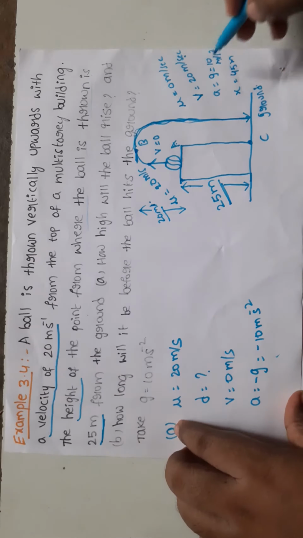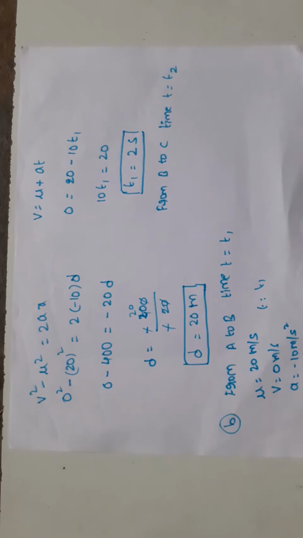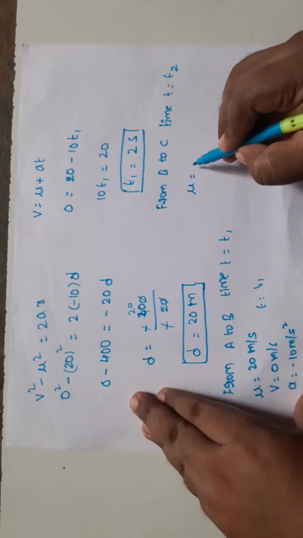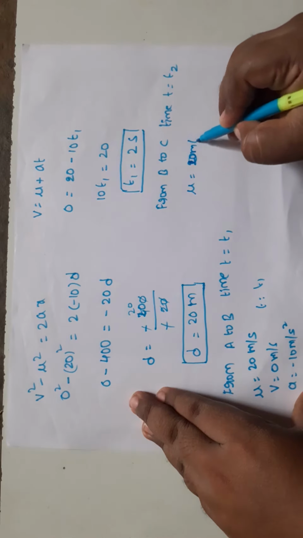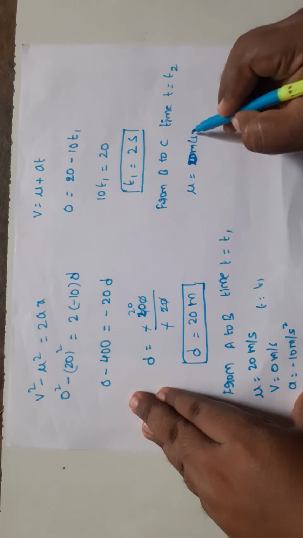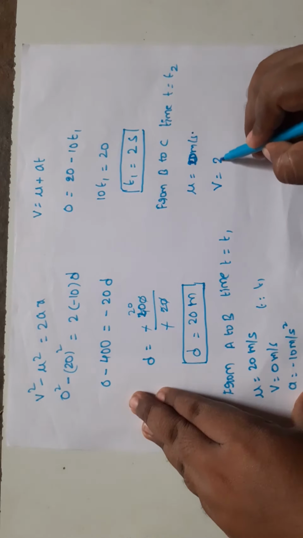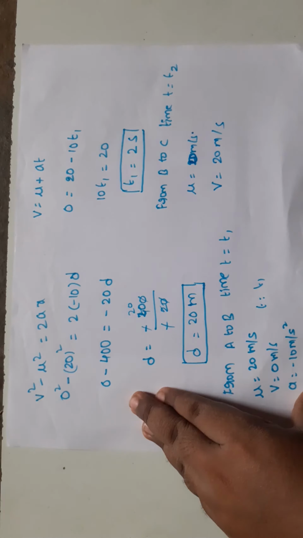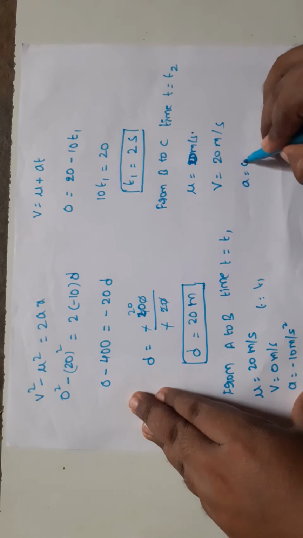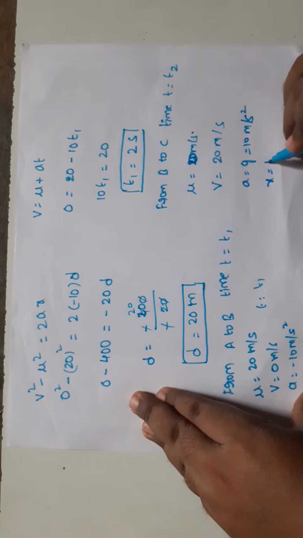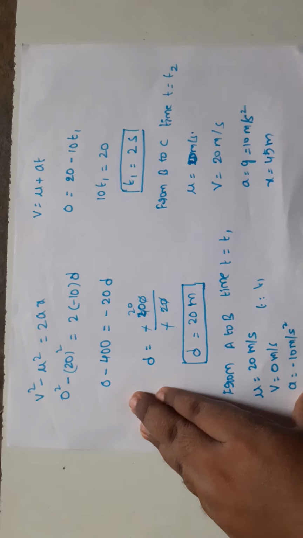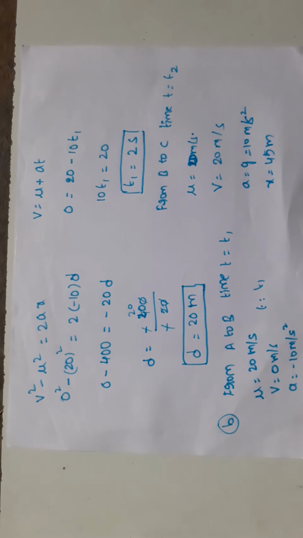So these are the data. u value 0 meter per second, v value 20 meter per second, acceleration g 10 meter per second square, displacement 45 meter. So for these values, which formula is suitable?